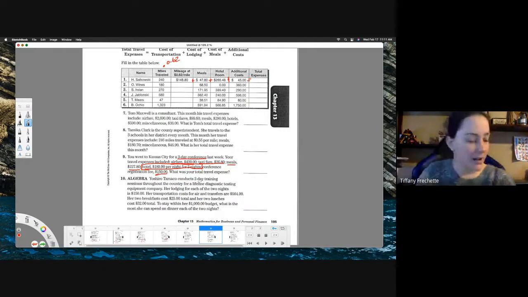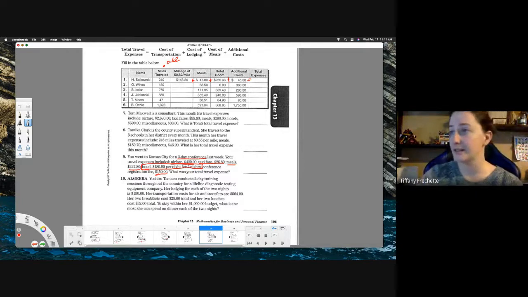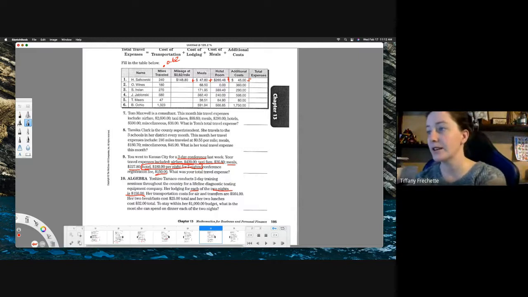All right, so Yoshira Tamako conducts a 2-day training session throughout the country for a Lifeline diagnostic testing equipment company. Her lodging for each of the 2 nights is $150. Her transportation costs for air and transfers are $564.